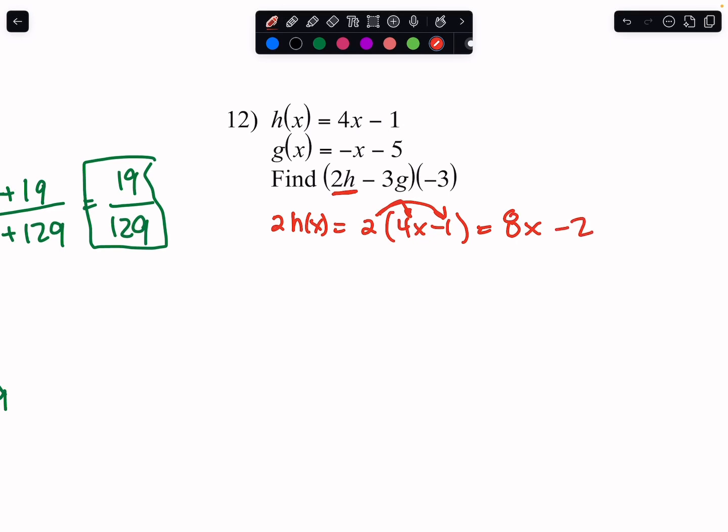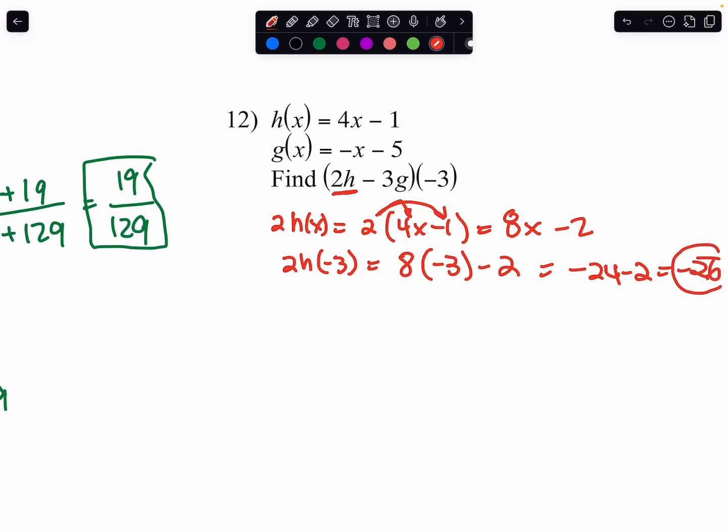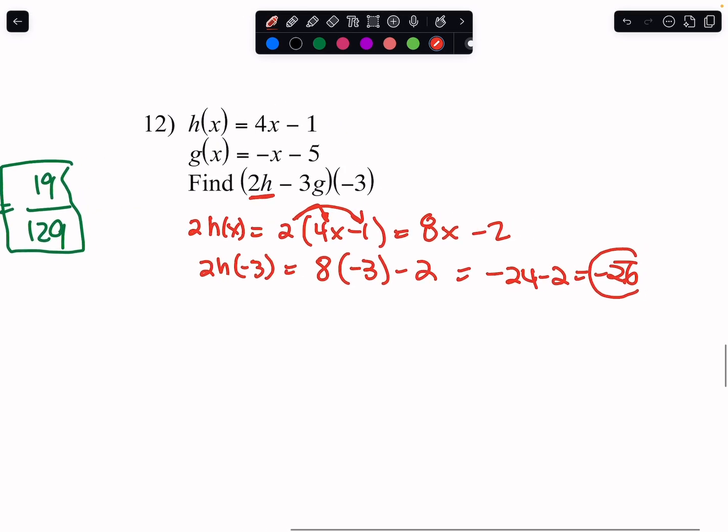Now that we've done that, we got to plug this -3 in. And then 8 times -3 is -24, minus 2, -26. So that's our first answer, -26.